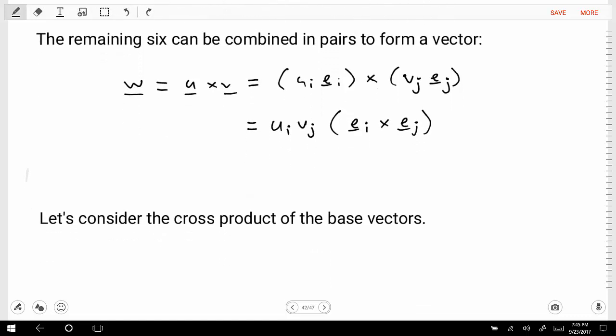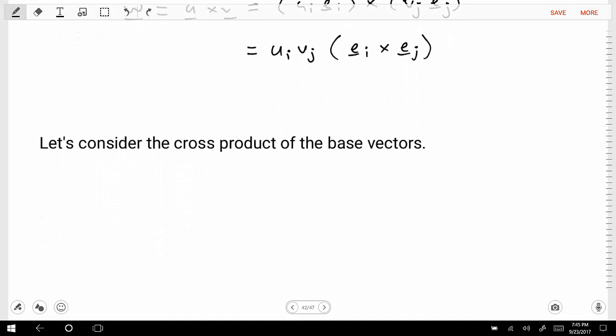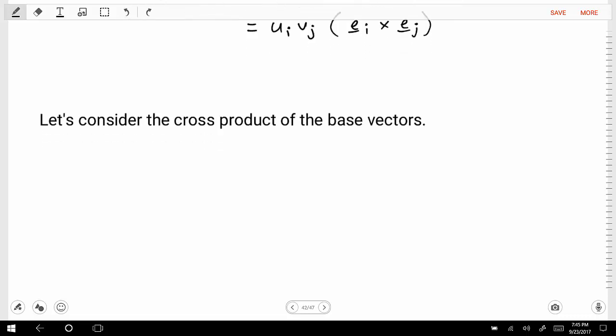Now let's consider the cross product of base vectors. Let's actually perform that operation so we get a better understanding of where the product of the cross product comes from. So let's consider the base vectors 1, 2, and 3.